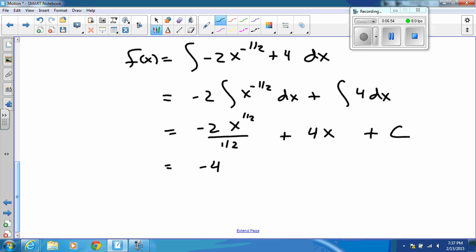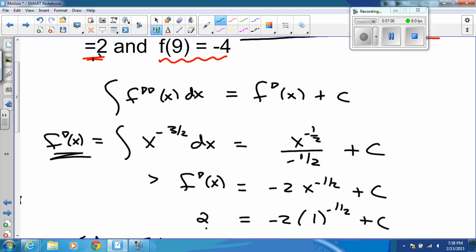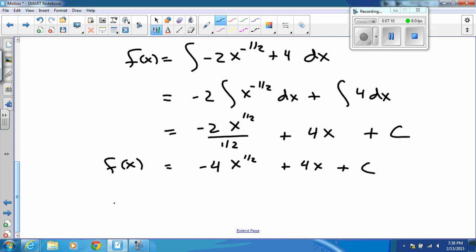Let's clean that up a little bit, because negative 2 divided by 1/2 is the same as negative 2 times 2. And now to find the value of c, we appeal to our initial condition, which is f of 9 is equal to negative 4. Let's plug that in.